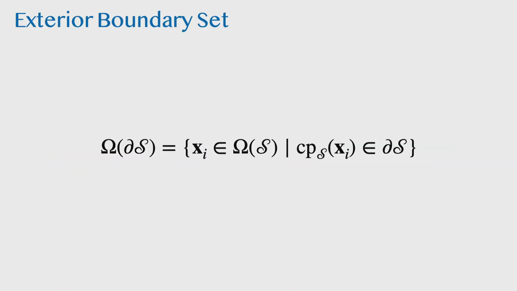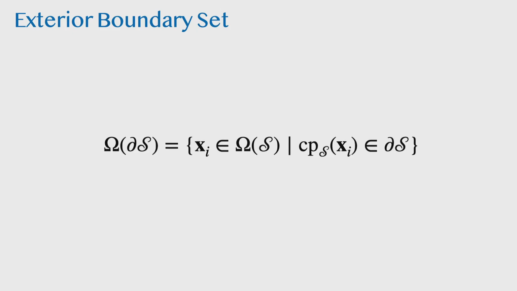But before we get to the interior boundary conditions, we need to understand how you handle exterior boundary conditions, because the interior boundary conditions turn out to use very similar modifications. So let's start here. The exterior boundary set is denoted omega partial s, and these are the grid points whose closest point is on the physical boundary of the manifold.